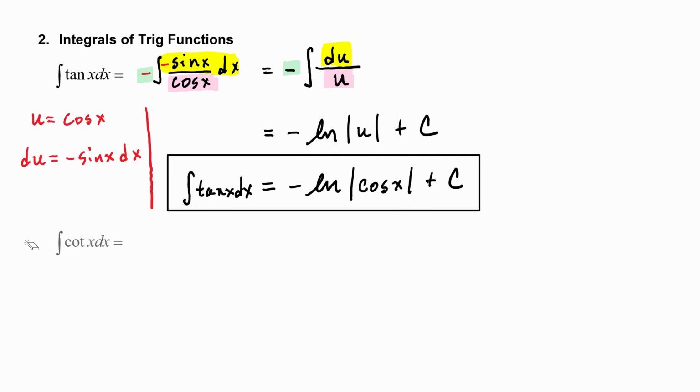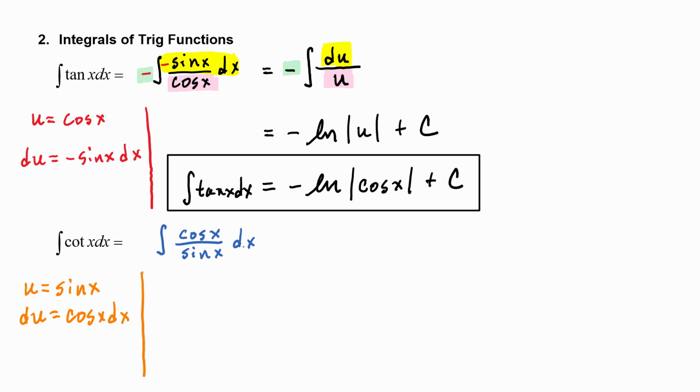Next, we want to integrate cotangent of x dx. So let's first rewrite that as the integral of cosine of x divided by sine of x dx. Then we can let u equal the denominator, sine of x, and du would equal cosine of x dx.